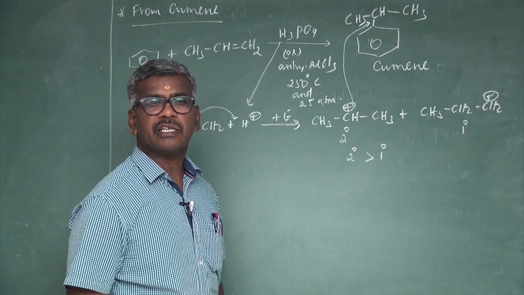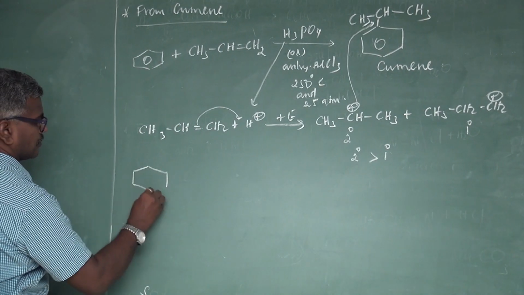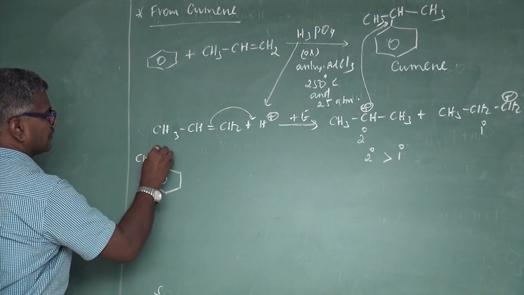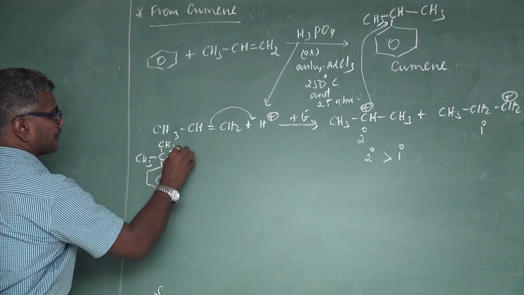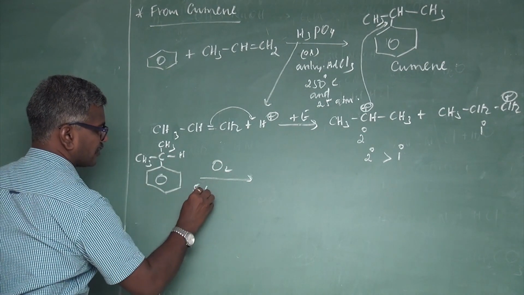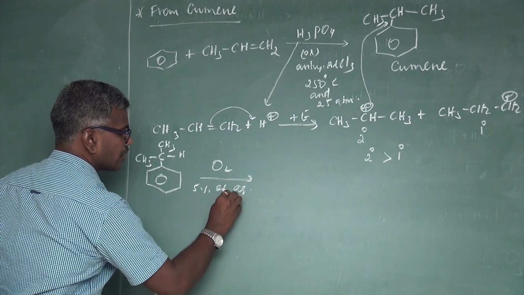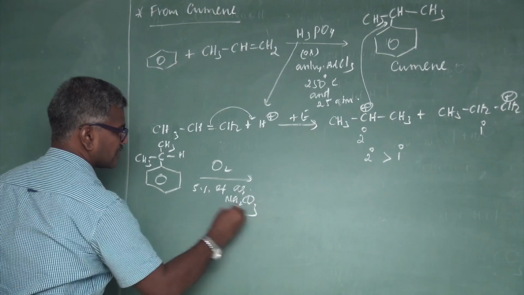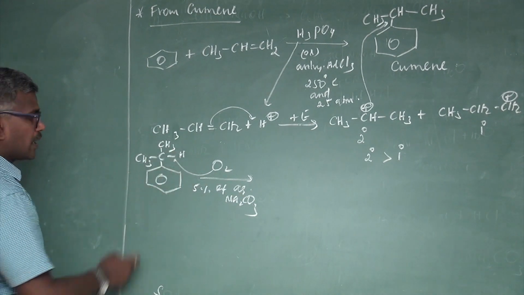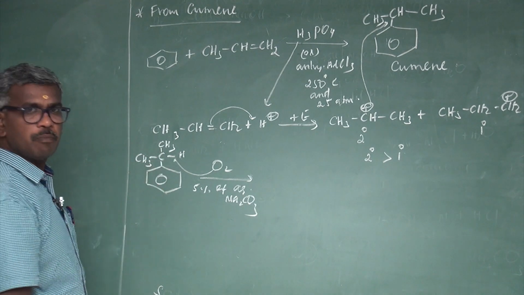This cumene further reacts with oxygen in the presence of 5% aqueous sodium carbonate as a catalyst. This oxygen reacts with the carbon hydrogen bond, because of the carbon-carbon bond, the carbon-hydrogen bond is a weak bond.